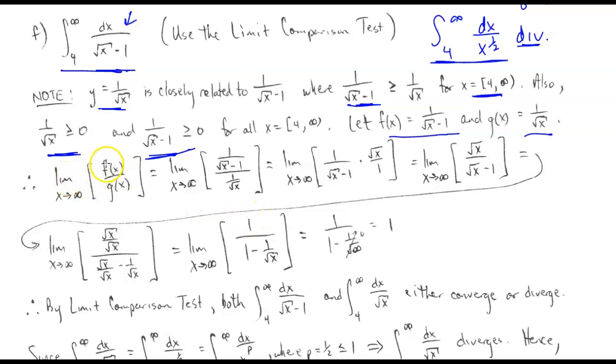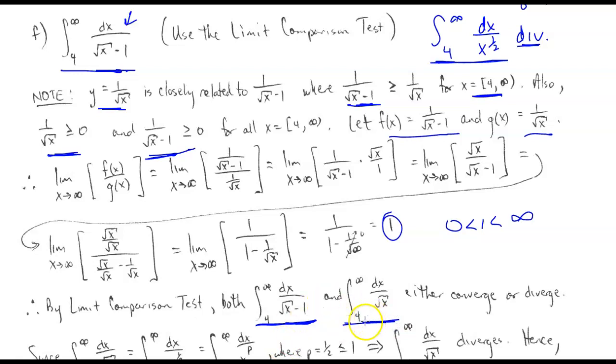And here we can just do the limit of a quotient of those as x approaches infinity. And of course, you see when I work this out, the answer that we get here is 1. And since 1, of course, is in between 0 and infinity, the limit comparison test says that both this improper integral and this improper integral either both converge or diverge.